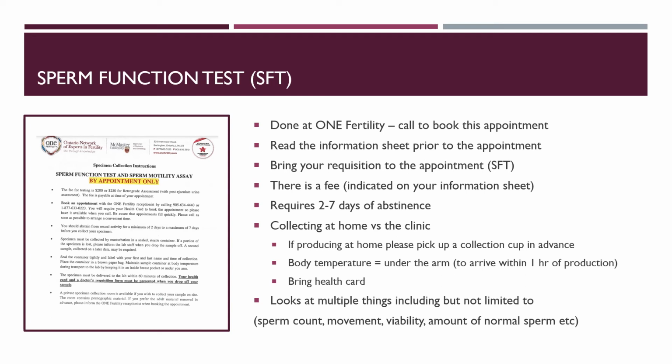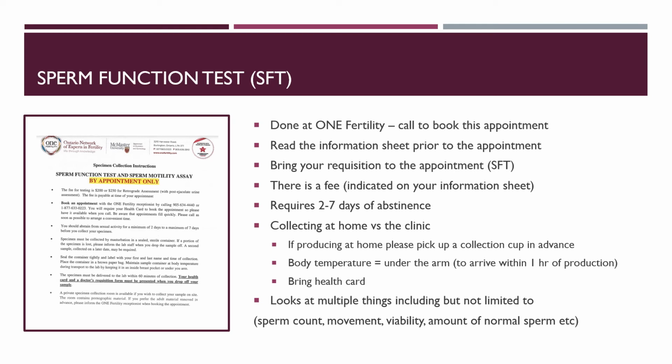The test requires 2 to 7 days of abstinence for most accurate results. Collecting the sample can take place at home or at the clinic, although producing at home is preferred as long as the sample can be delivered to the clinic within an hour of production. If producing the sample at home, please make sure to pick up a collection cup in advance.